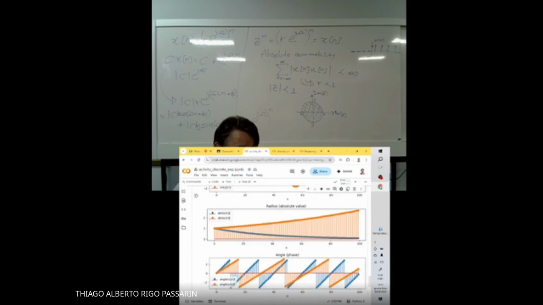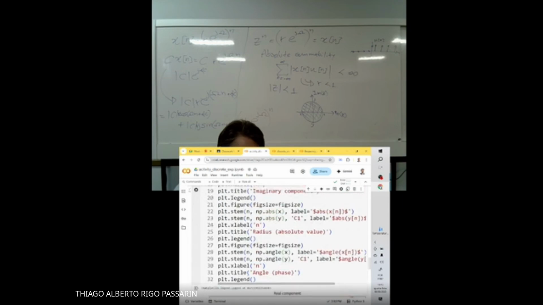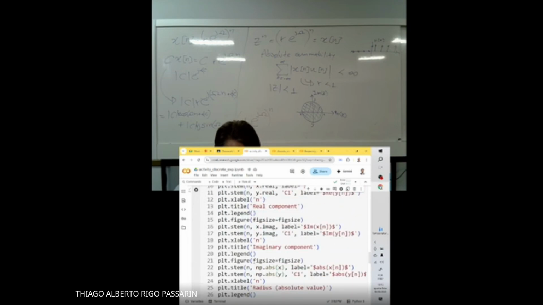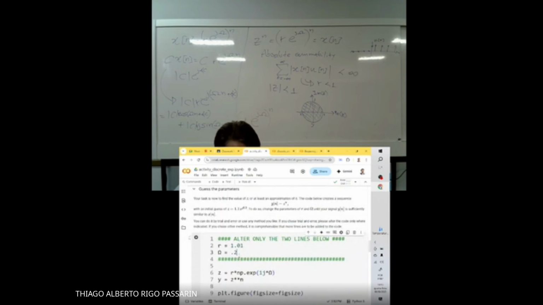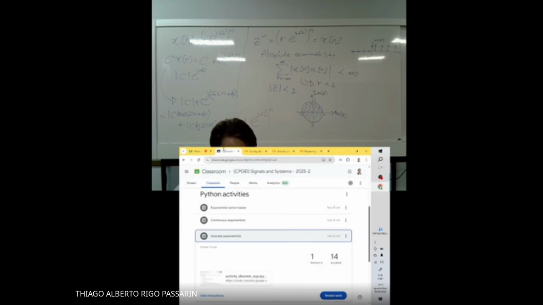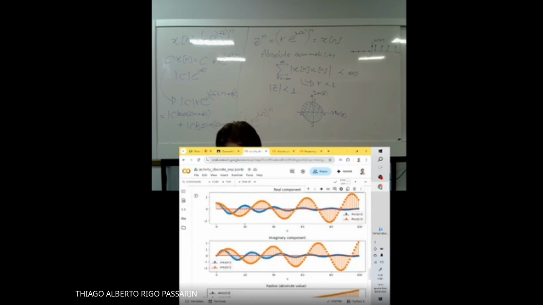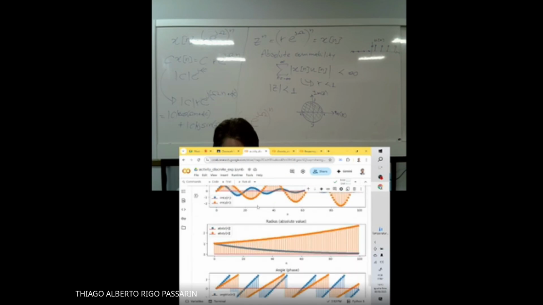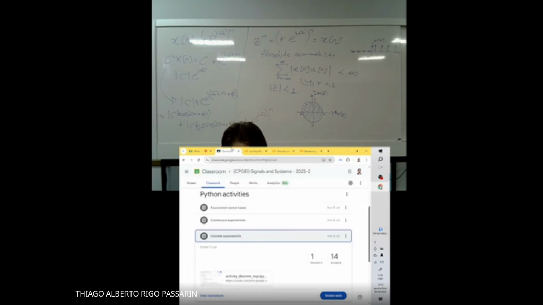But I suggest you try to do it with trial and error just to strengthen the intuition of what each of these two components means in the composition of the signal. Okay, then when you think that things are sufficiently similar here, you're done. You save it and you post it as your answer here.